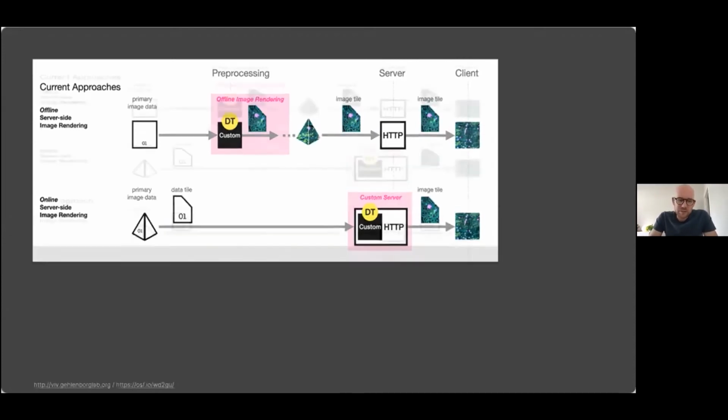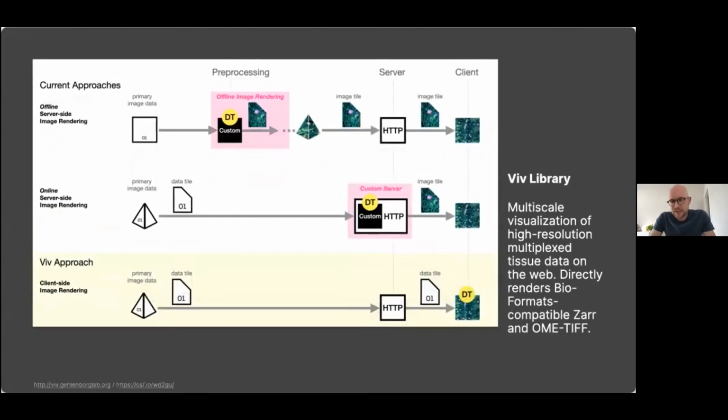But we developed a library that makes this all easier, where you can point your web browser literally to an OME-TIFF file or a compatible Zarr file, which I'll tell you in a moment what Zarr is. And you can do all the rendering and all the data mapping in the client, and that really simplifies tool development for other people.